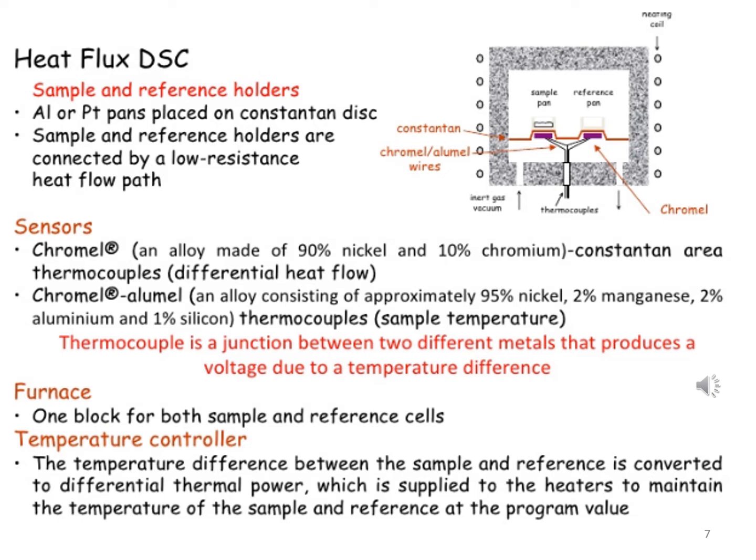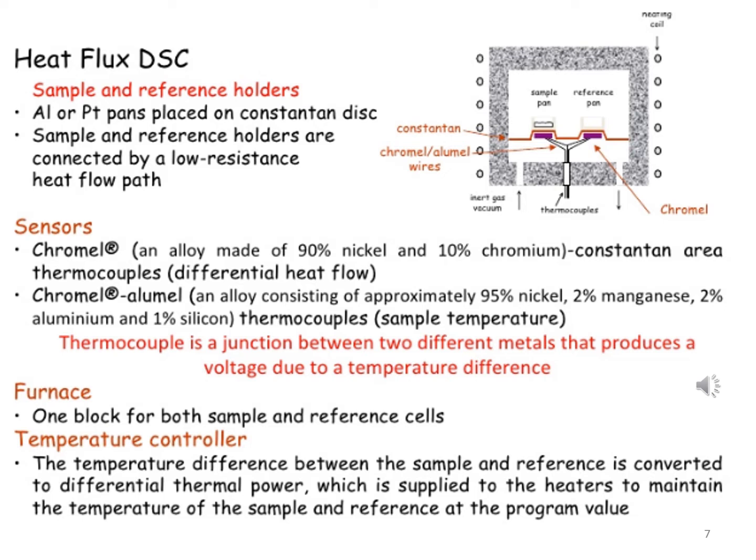So the next part is the sensor. Sensors are thermocouples that are used in heat flux DSC. It could be made up of chromel, that is an alloy made up of 90% nickel and 10% chromium. If you mix 90% nickel and 10% chromium, then you get chromel alloy.